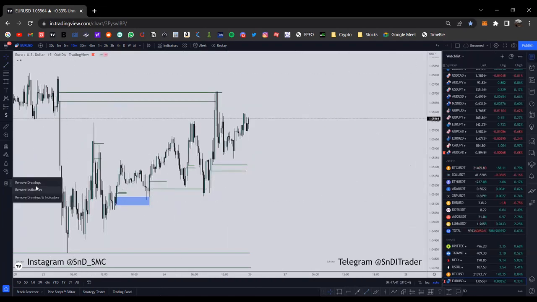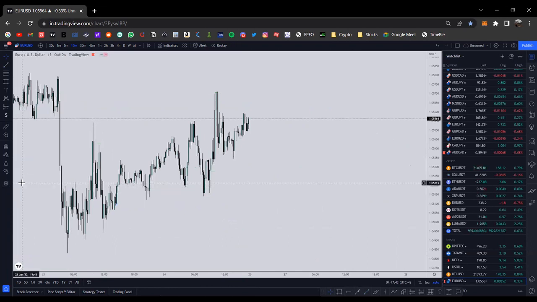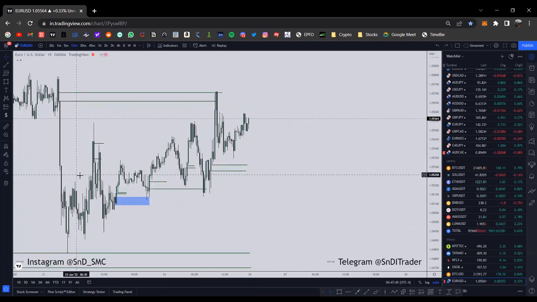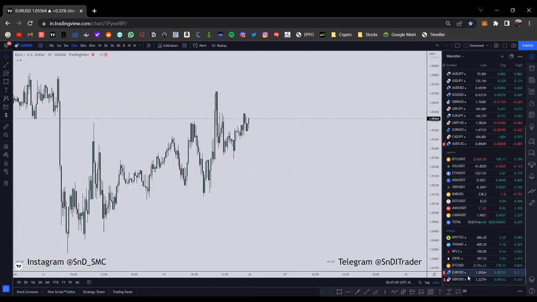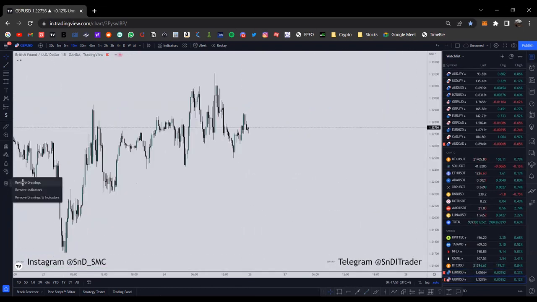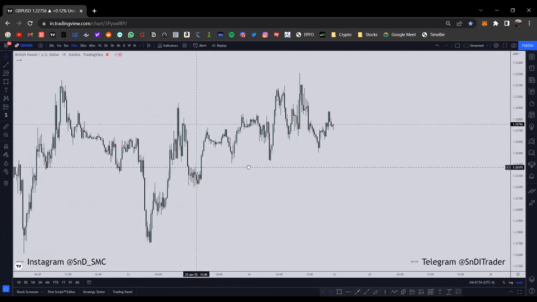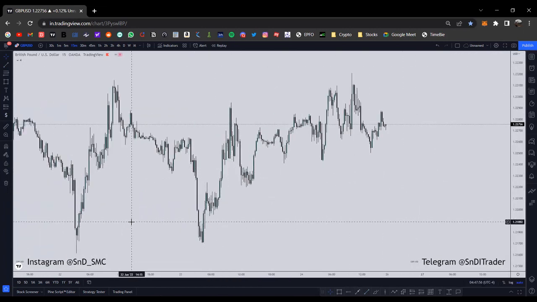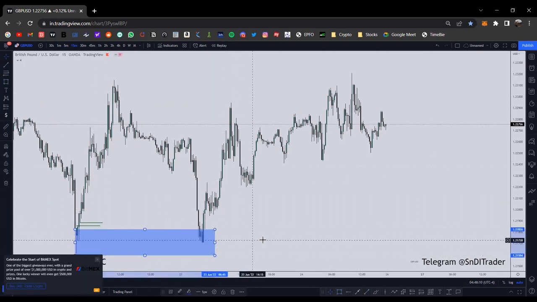And let's just go on another pair to find the fair value gaps. Okay, so this will be a GBPUSD chart. So what happened here? We had a fair value gap in here. Market just came inside, filled the fair value gap and mitigated this bullish order block and gone upside.